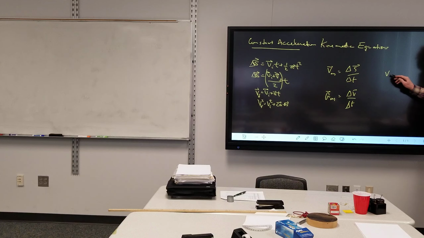And then average speed is distance over time, and scalar acceleration is change in speed over change in time. So if you have not watched any of the videos yet, then this might look very foreign to you.